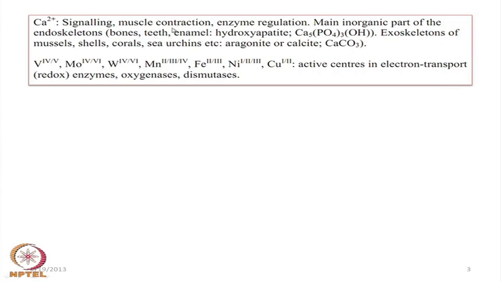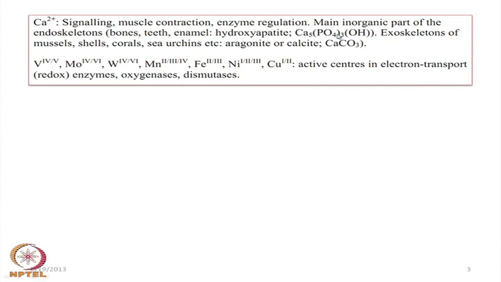It is also involved in muscle contraction and enzyme regulation, and the main inorganic part is for endoskeletal formation. That means the formation of bones, the teeth, the tooth enamel, and in all these cases the common compound being formed is Ca5(PO4)3(OH), which is known as hydroxyapatite.